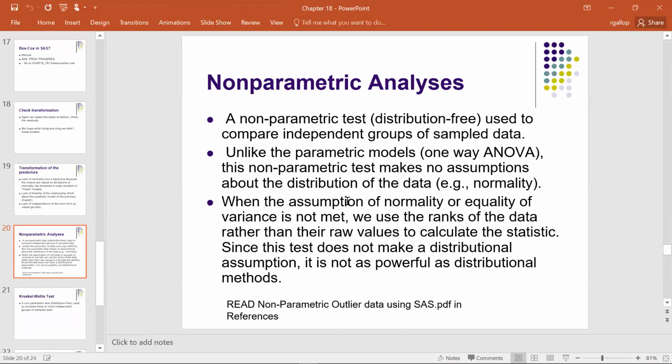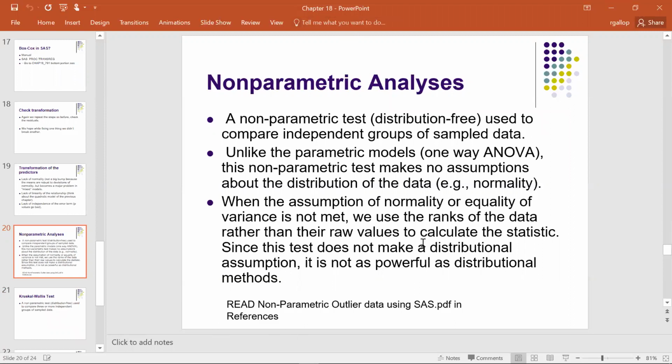If there are issues with the data where you cannot fix them, a lot of people go to non-parametrics. Now, if you have violation of independence of the data, non-parametrics is not going to fix that. It's just when the data cannot be normalized or whatever, there's something really wrong with the data.